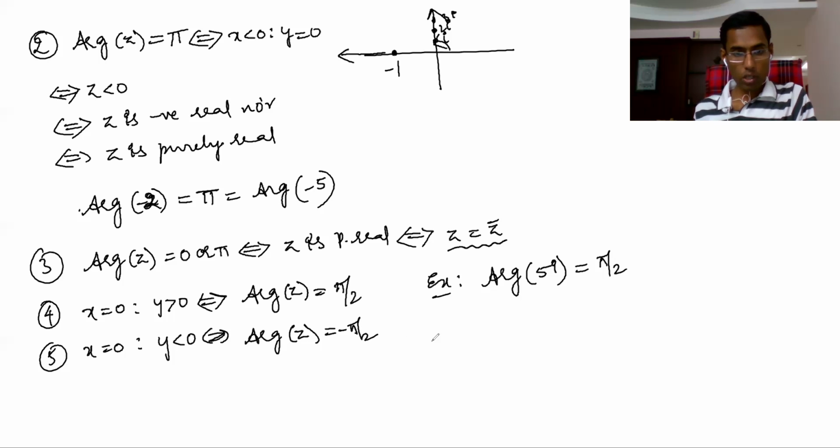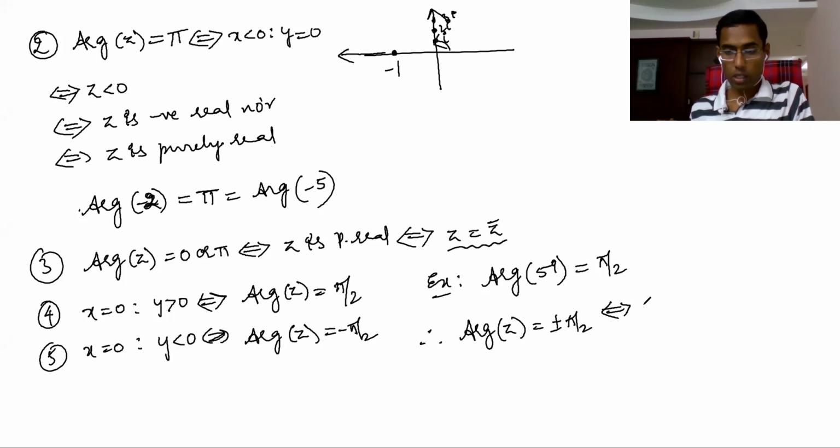Okay, therefore the conclusion is argument of z equal to plus or minus pi by 2 implies and is implied by z is purely imaginary. Or you can write z is purely imaginary, or you can also write z plus z bar equal to 0.